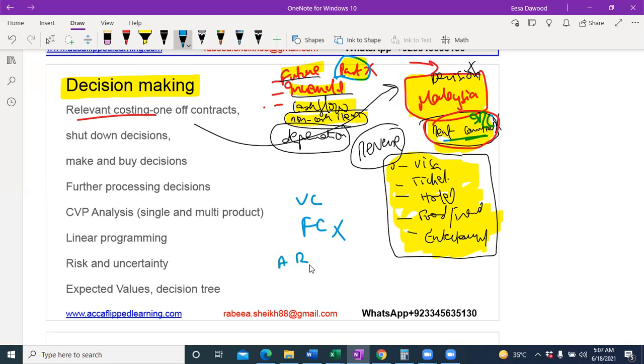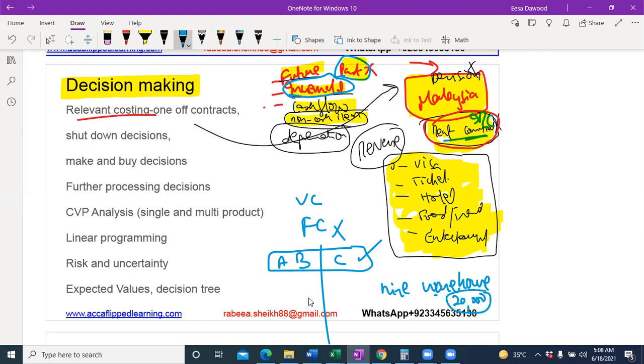If I'm producing A and B, and now I'm producing product C as well, until and unless there's an increase in the fixed cost, there's no incremental cost between the two decisions, then that cost isn't a relevant cost. So maybe in one premises, I may be producing product C as well. But for example, for product C, I have to hire a warehouse, and for that I have to pay 20,000 rent.